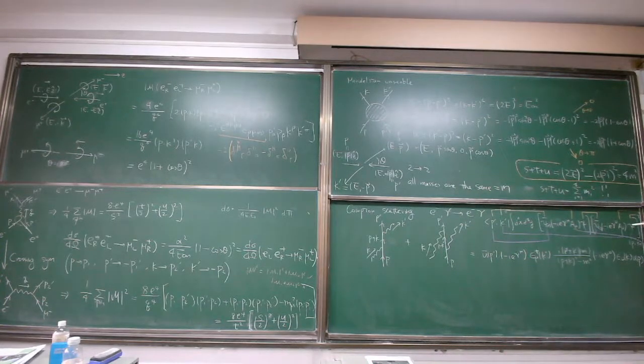As you can easily see, nu is contracted with K, you get the polarization vector. Psi is contracted with P, you get the u of P. So that's the Feynman rule. You just apply it.